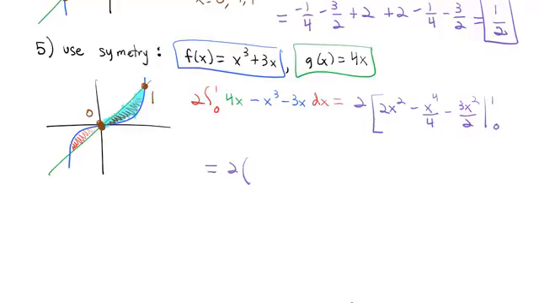So we have 2 times, plugging 1 in is really nice. We're just left with 2 minus 1/4 minus 3/2. And when we plug 0 in, everything goes to 0. And now I can plug this in my calculator, multiplying by 2 out front, and we end up with the same answer of 1/2.